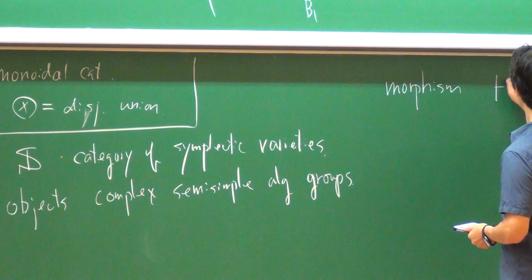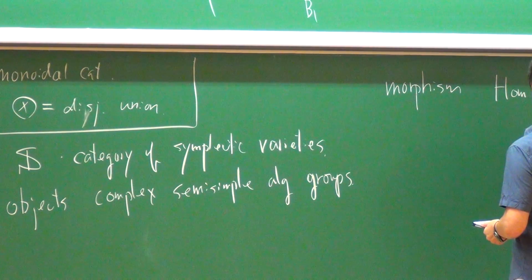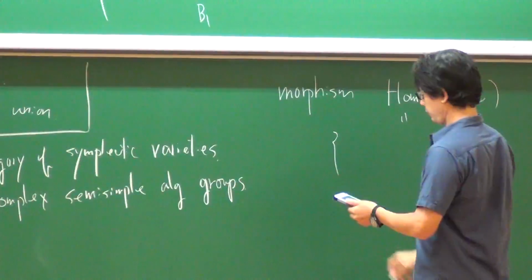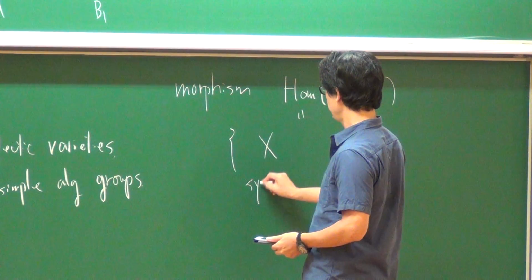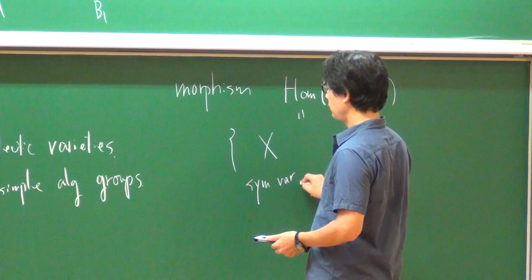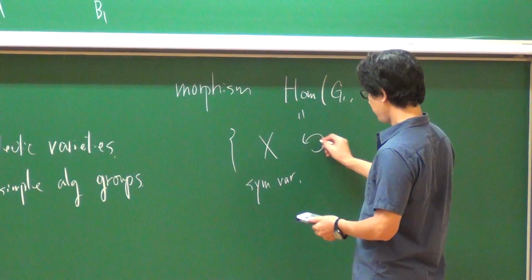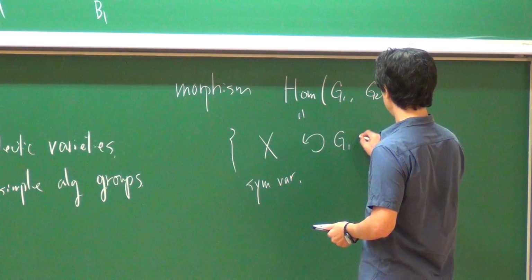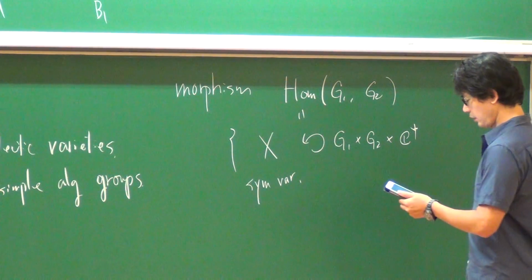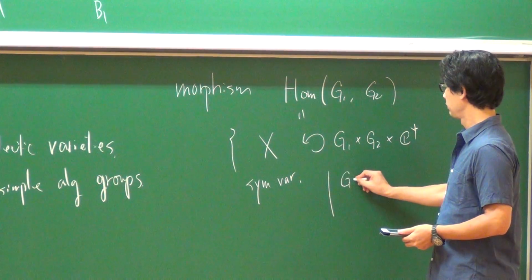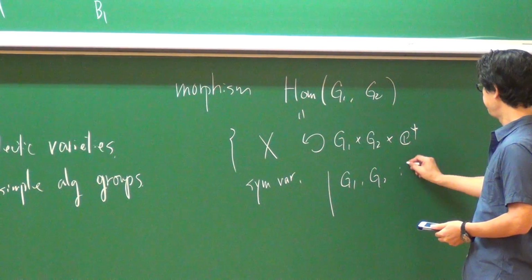So the morphism from G1 to G2 is given by a symplectic variety, which might be singular, equipped with the action of G1, G2 and C star, such that the actions of G1 and G2 are Hamiltonian.